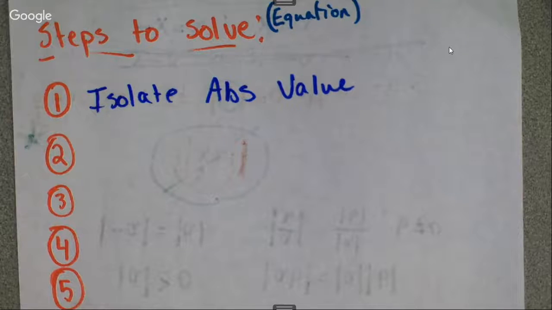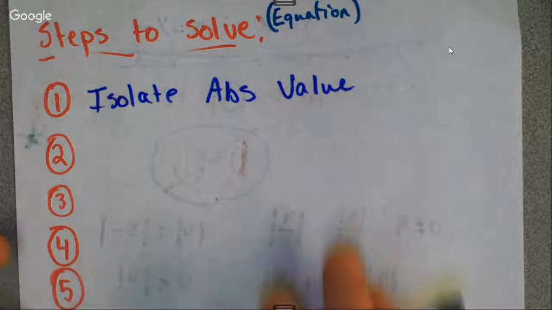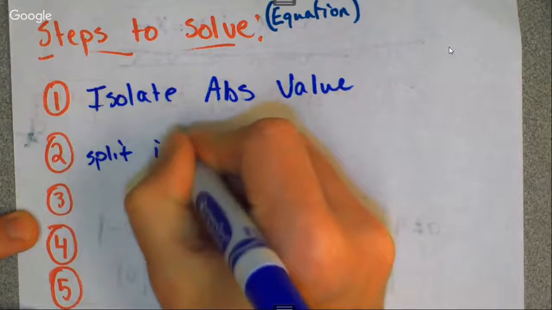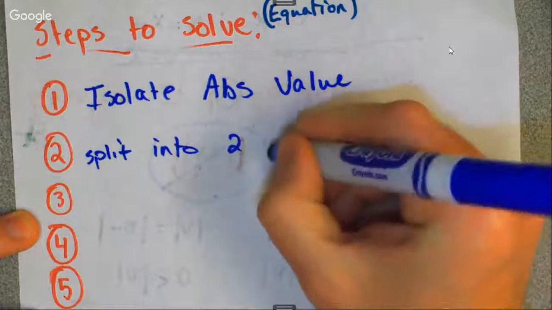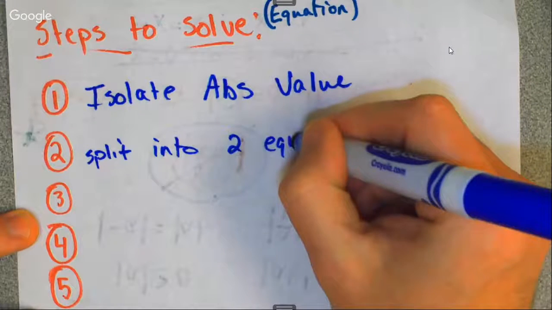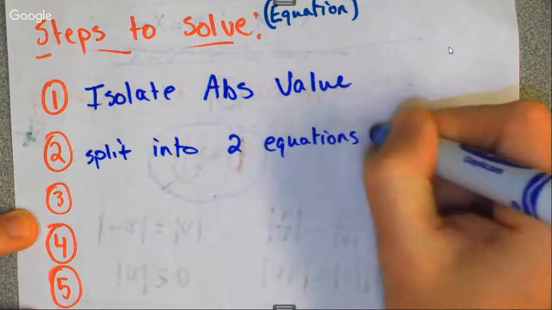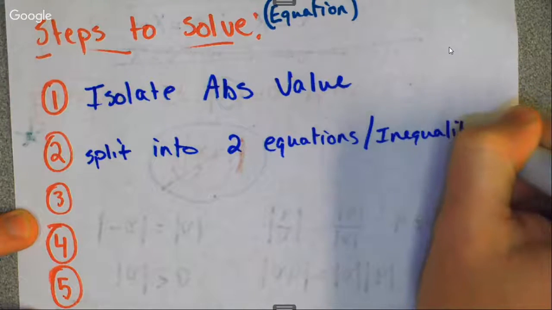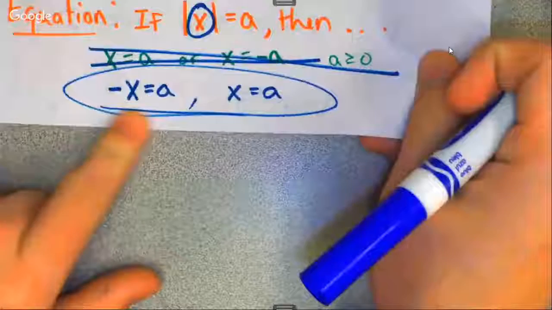Everything else is moved to the other side. Step 2 is you're going to split into two equations or inequalities. You're going to use this fact right here, x equals a, negative x equals a, and you're going to split those apart.